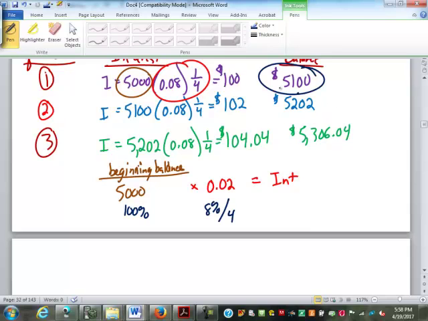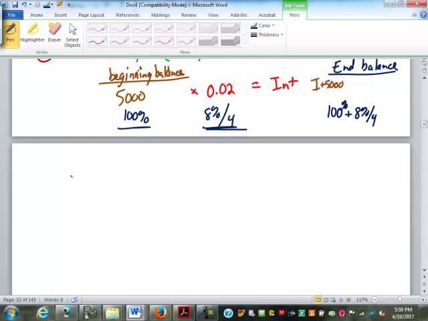The ending balance we found by taking our interest and adding it back to the $5,000. Well, that would be the 100% plus this amount, right? Remember when we were doing our percent increase problems back at the beginning, about week 3, where you had a starting amount?